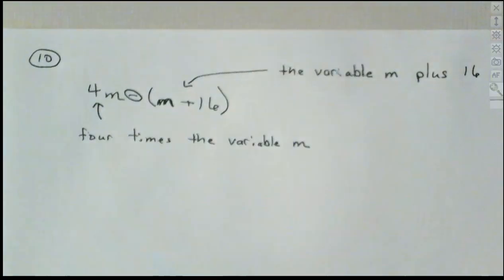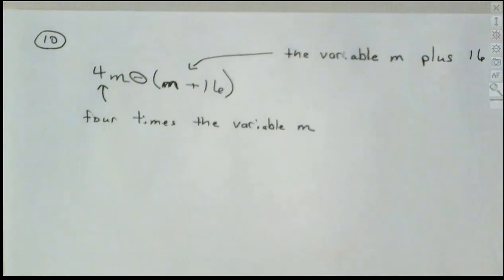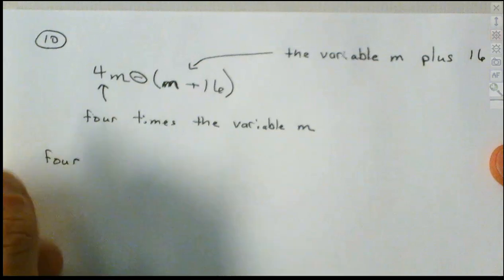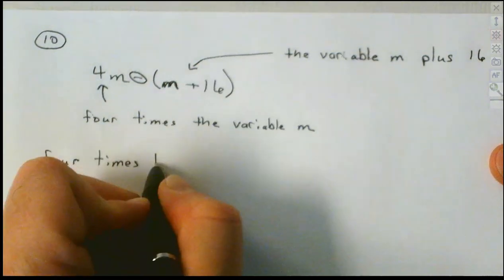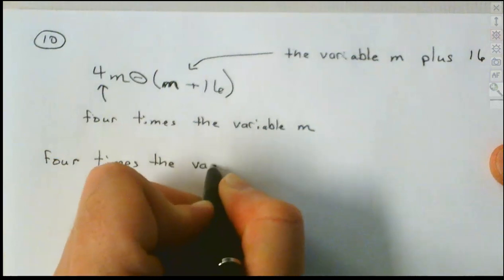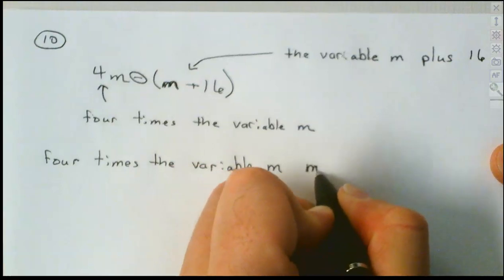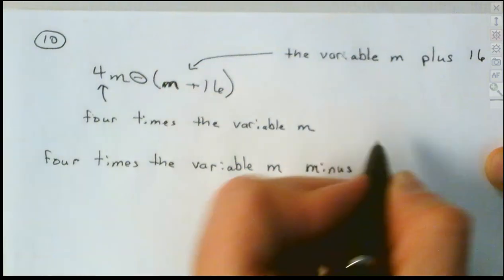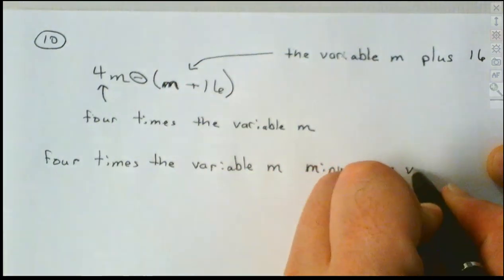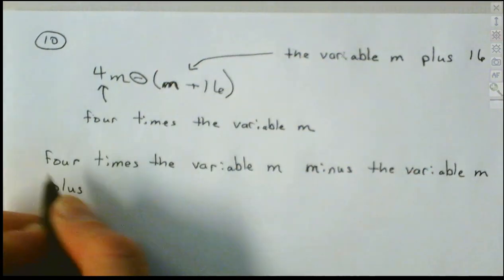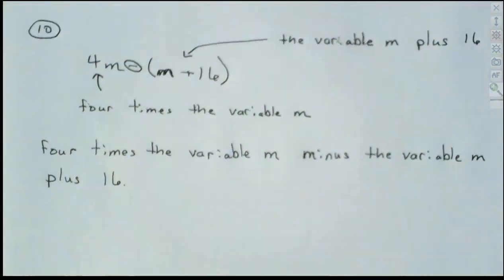So if I was to rewrite this as a verbal expression instead of a mathematical one, we would have 4 times the variable m minus the variable m plus 16. That's how I'd write it in words. And you can write 16 out if you'd rather.